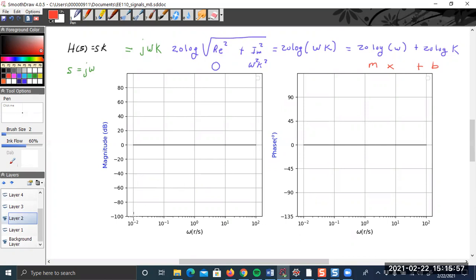So if this is a decade over, 20 dB up, that's 20 dB per decade.